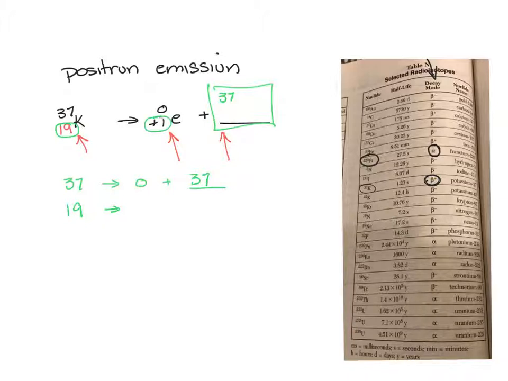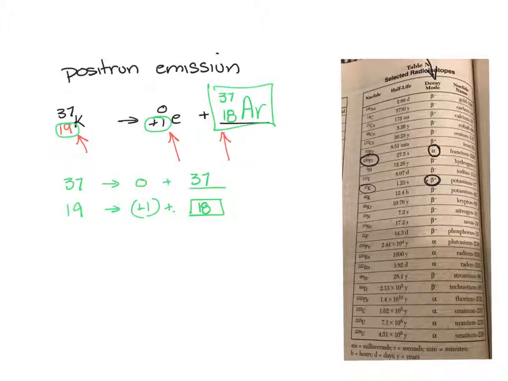Here we have a +1. And what number is going to go here? What number plus +1 gives you 19? 18. Good. So we're going to fill in an 18 here. Then we're going to go over to our reference tables and look up what element is 18, and this is Ar, which is argon.